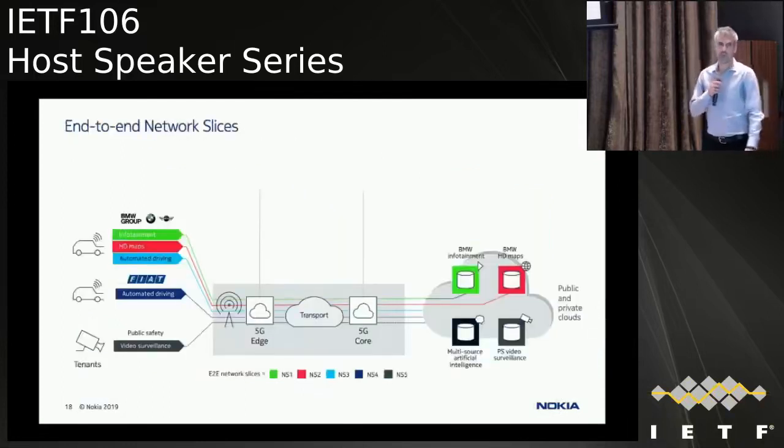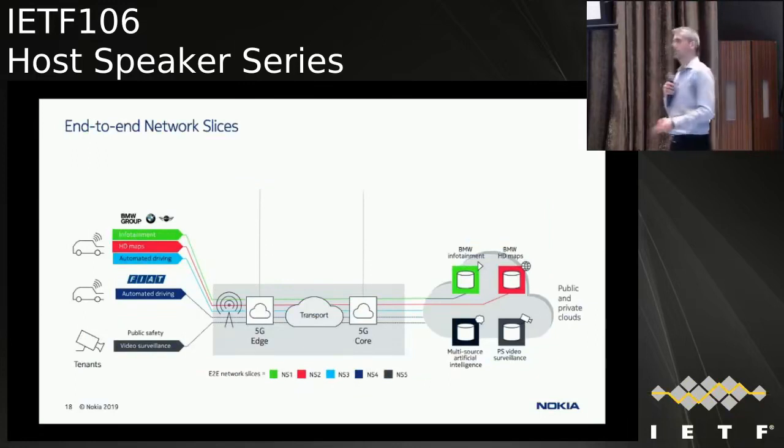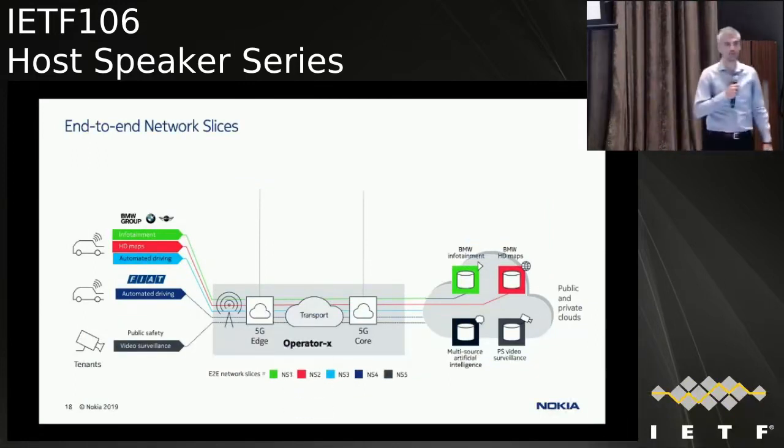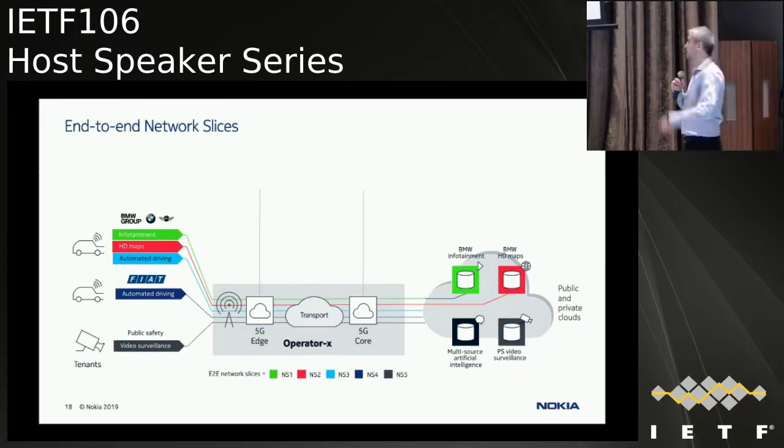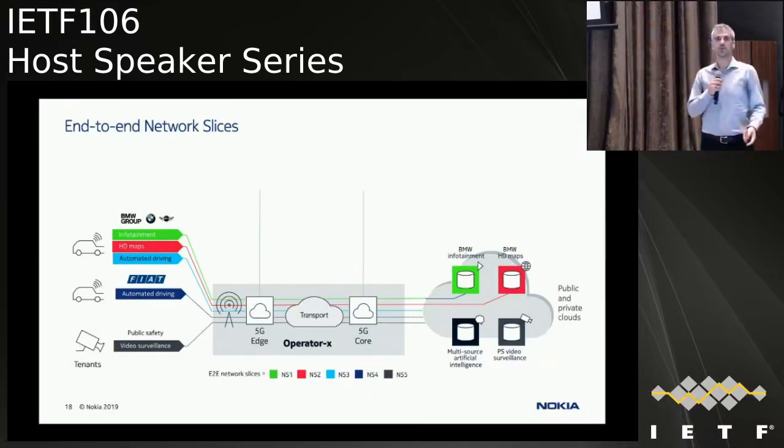I'll start with an example to make sure that at least we are on the same page. Let's say I have an operator which has transport. On the left side is a group of tenants or customers: public safety, Fiat, and BMW. These are the customers. On the right-hand side, there is a group of application servers.